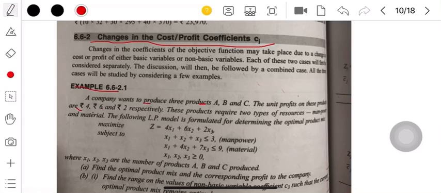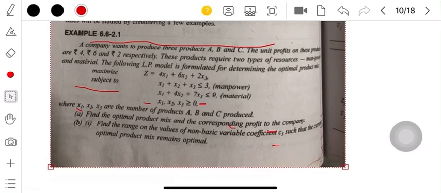The following LPP is formulated for determining the optimal product mix. They have already formulated the problem. This is our objective function and these are two constraints, and x1, x2 and x3 are the number of products A, B and C produced. So this is our problem. Find the optimal product mix and the corresponding profit of the company.